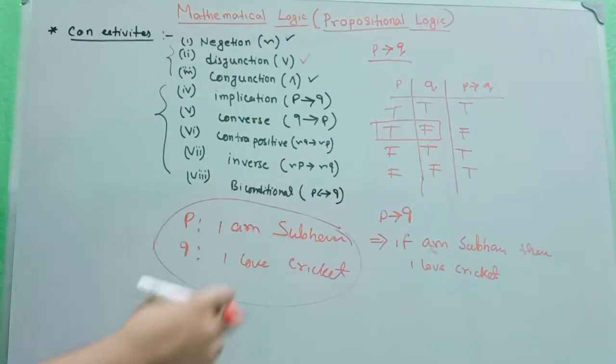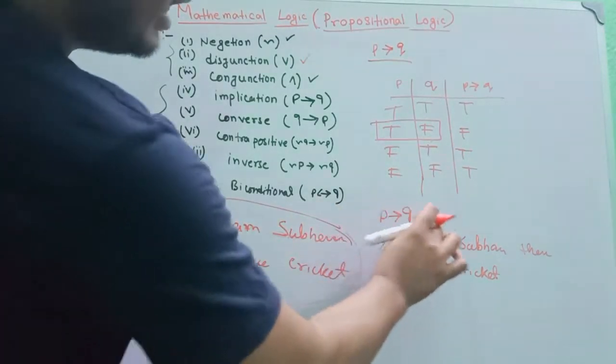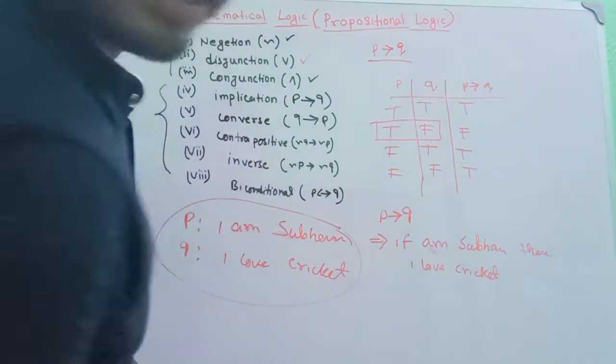I just use P and Q, and this is P implies Q.